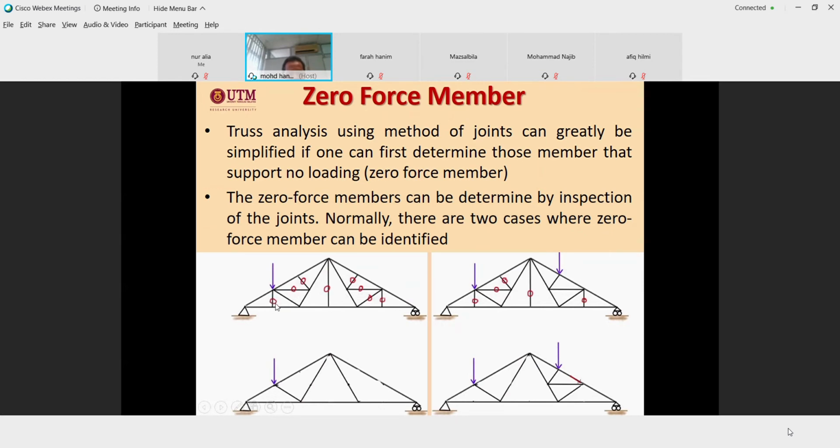Because three members meet at a joint, where two members are collinear and there is no external force, so the force in this member is zero. Now you go here. This member is also zero because it is connected to two collinear members with no external force.